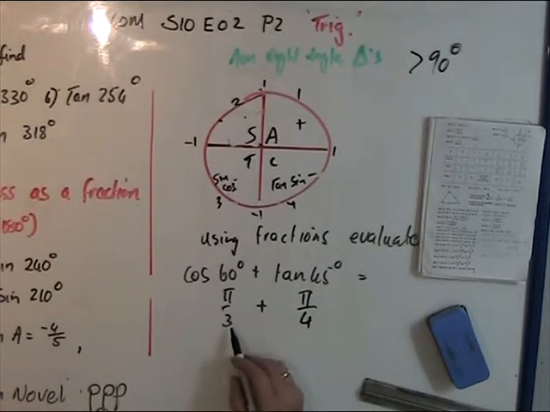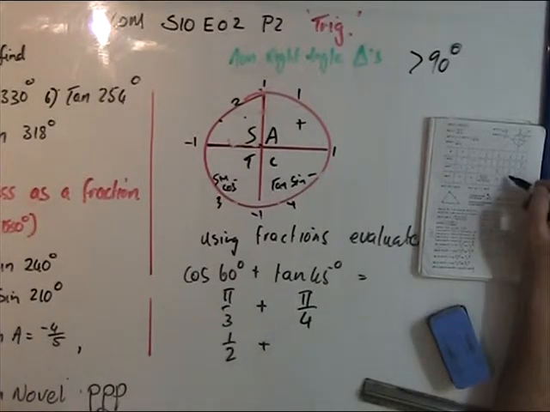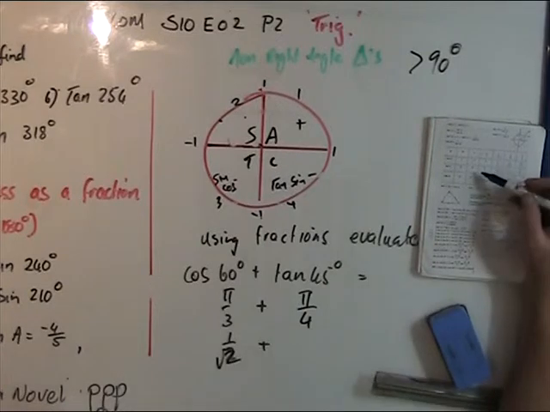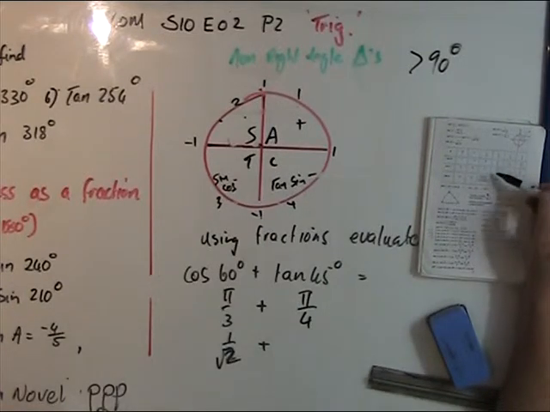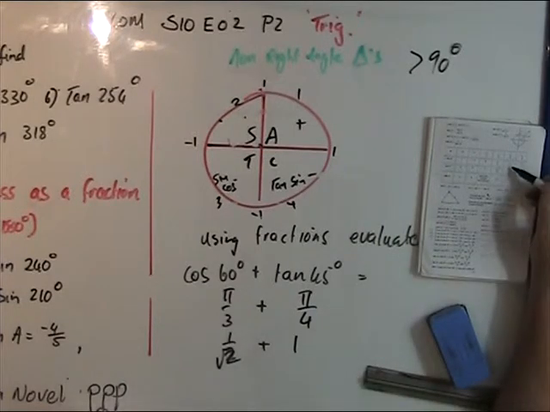So I'm looking at these angles here, and cos of pi over 3 is a half, plus tan of pi over 4, which is 1, and cos is 1 over root 2.